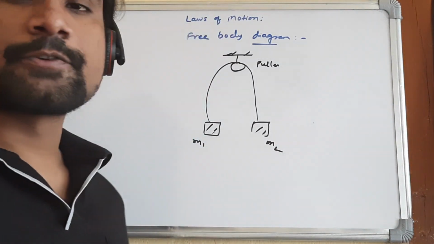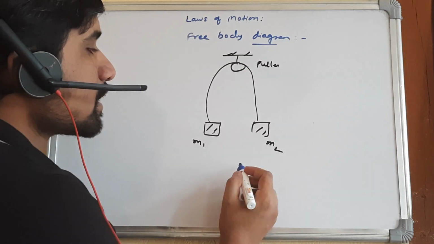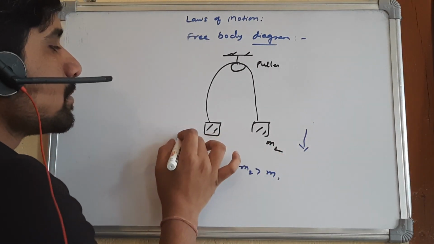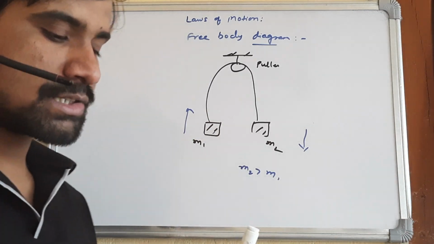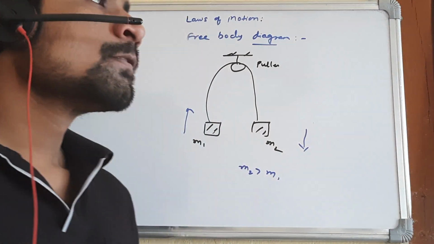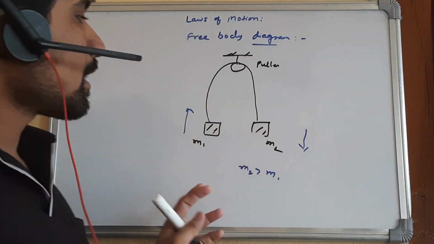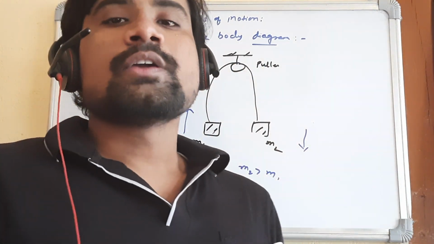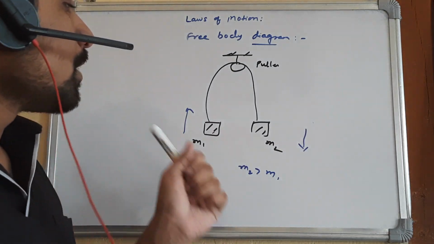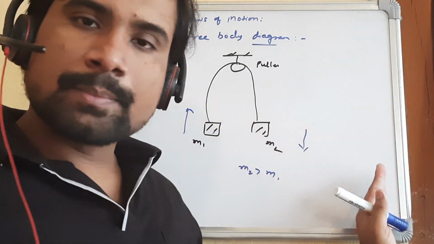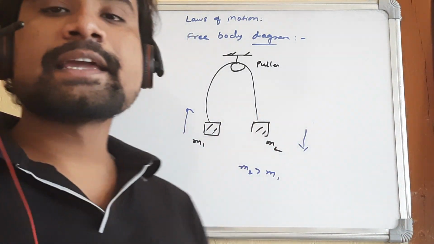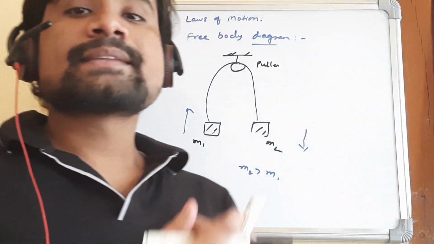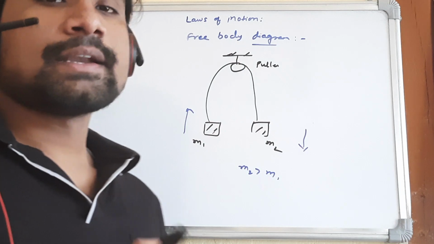But if m2 is greater than m1, this body will come down and this body will go up with the same acceleration. These two are connected through a string and it is a connected system. Now if I need to draw a free body diagram, I need to extract m2 separately, m1 separately, and indicate the forces acting on them and also the direction of acceleration.